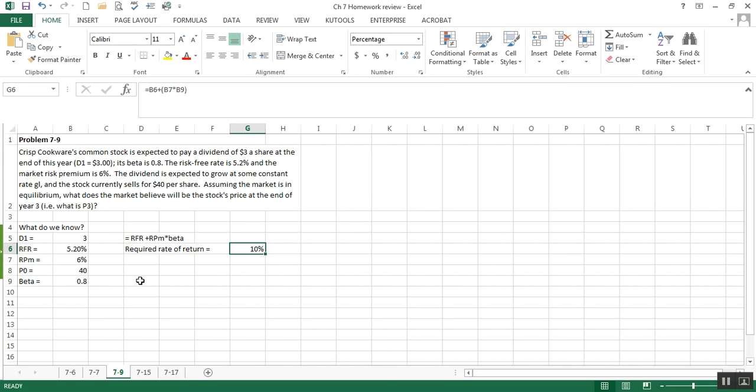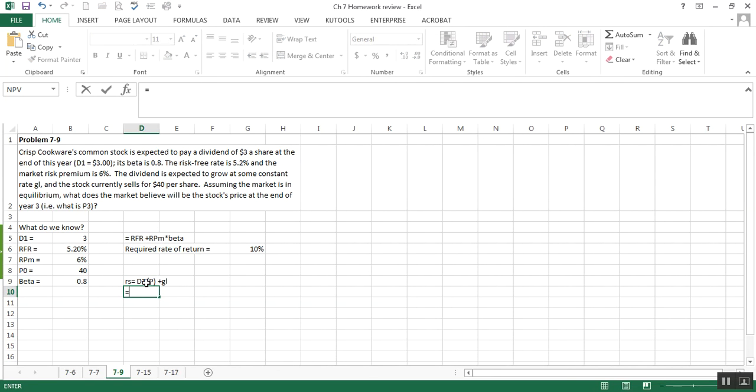We're going to use our constant growth formula to calculate the growth rate. We rearrange the formula. We know that the rate of return on the stock, the required rate of return, is equal to D1 divided by P0 plus GL.